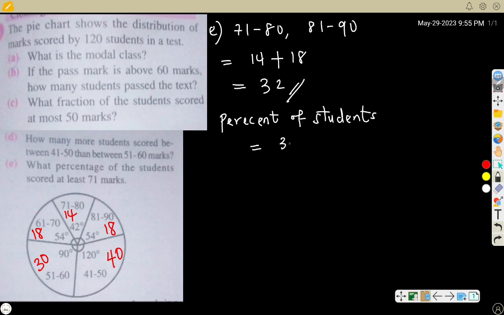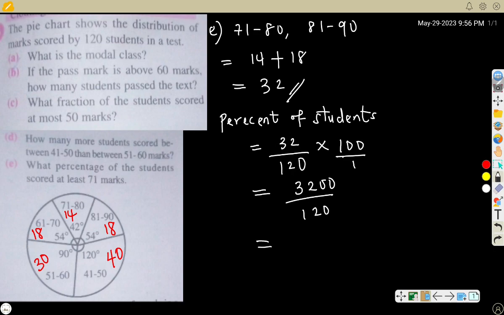So that will be 32 over total. If it is fraction of students, you stop here, but for percent, you multiply by 100. So this will be 3,200 divided by 120. That is 32 times 100, divided by 120. So 3,200 divided by 120 is approximately 26.7%. So we have solved the question.